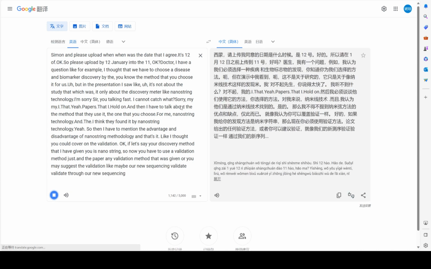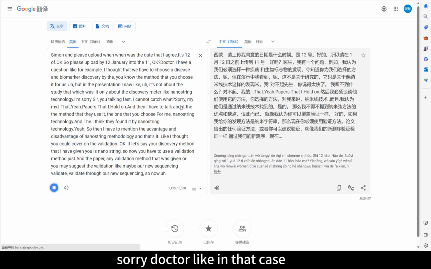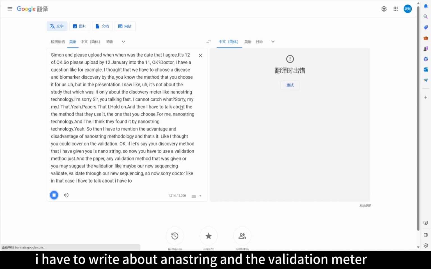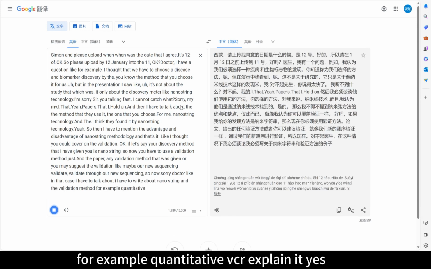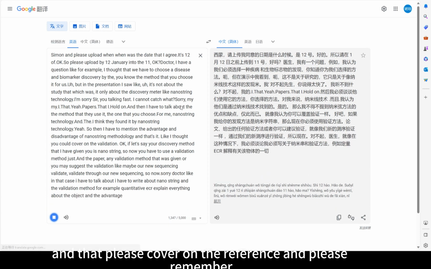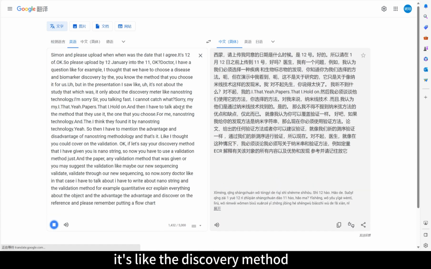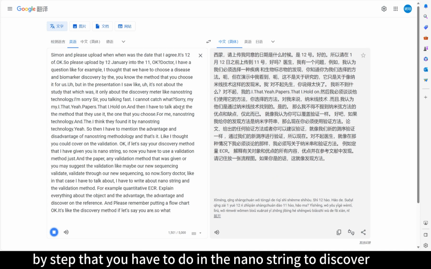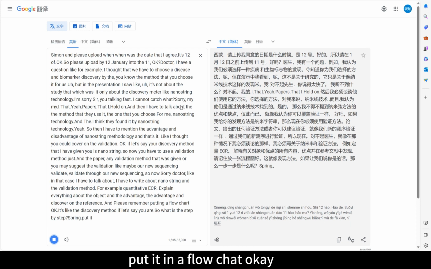So I have to write about nanostring and the validation method, for example quantitative PCR, and explain everything about them? You're right. Then the advantages, and please cover the references, and remember to put in a flow chart of the discovery method. If you are doing nanostring, what are the step-by-step procedures you have to do in nanostring to discover your biomarker? Put it in the flow chart.